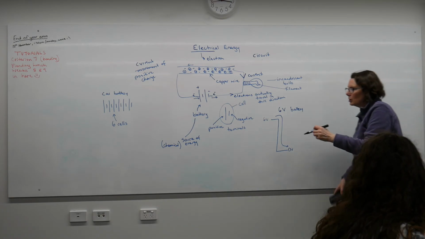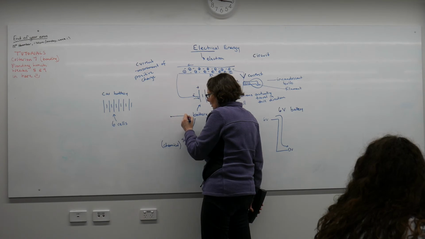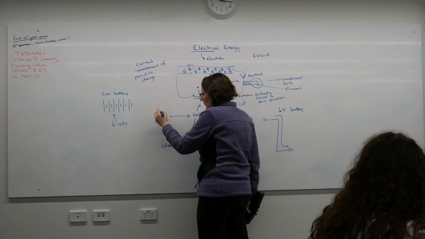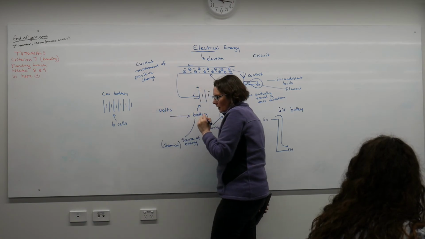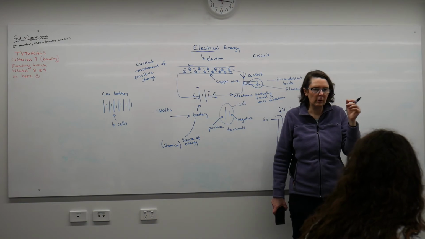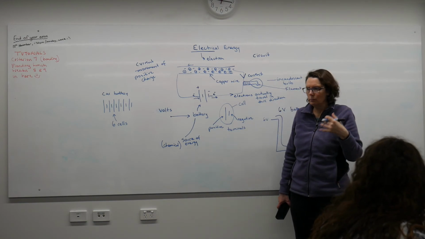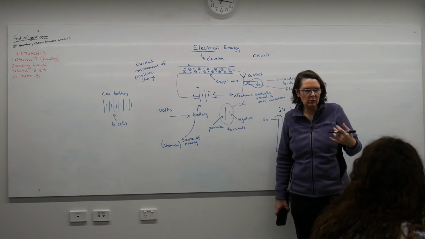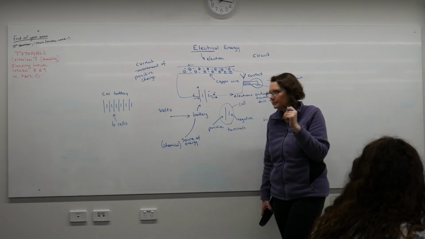It can also be called, and this is an incorrect name, it will have volts. And I'm sure you've all read that on your AAA, 1.5 volts or whatever, tells you how much energy, how much work you can do from that cell.